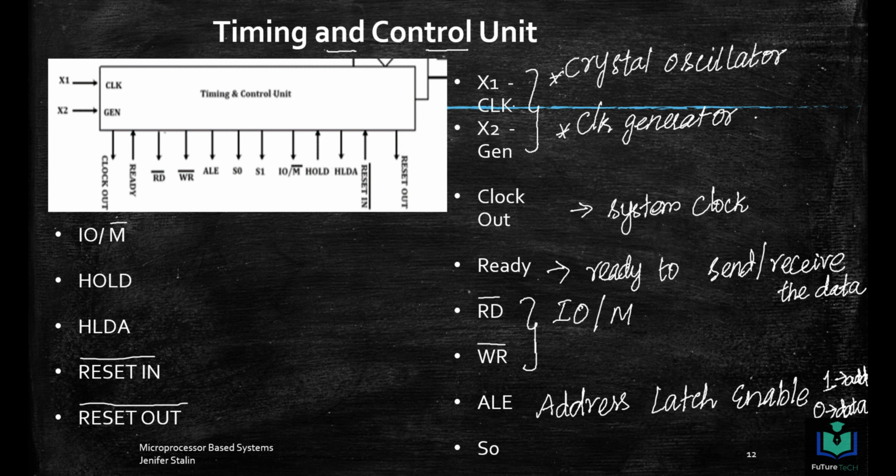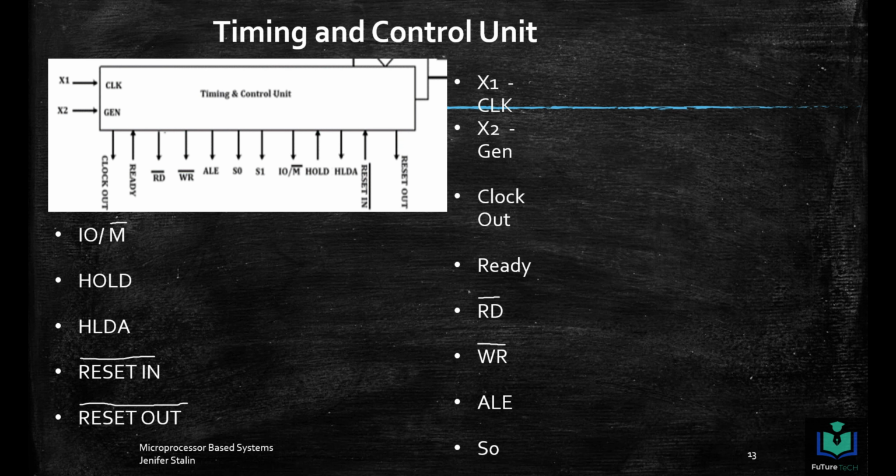The next two signals are S0 and S1, which are used to indicate the type of operation the microprocessor is currently doing.